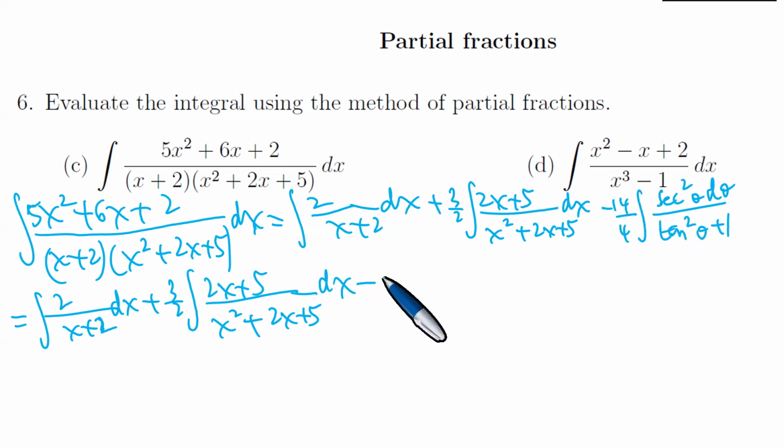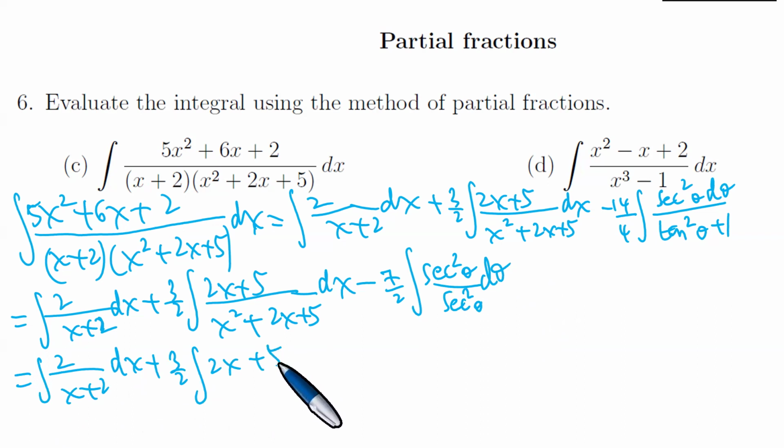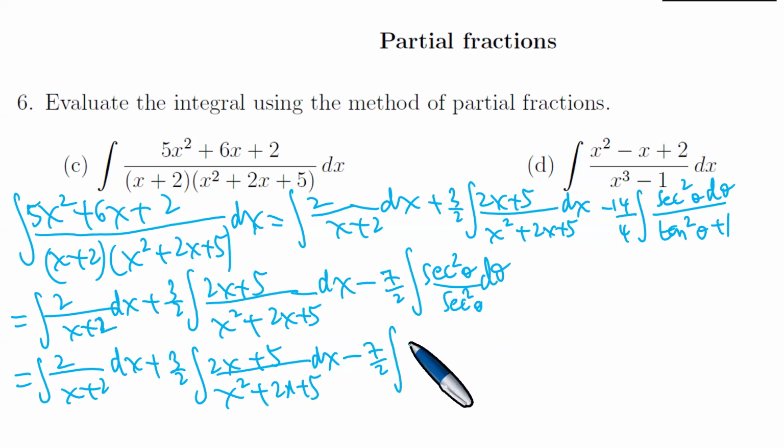Now the 14 out of 4 is 7 out of 2. And then this one here is exactly d theta, because the secant squared over secant squared is 1.